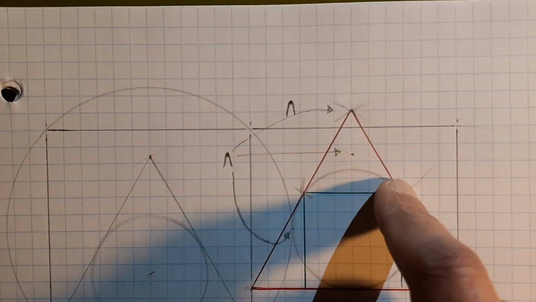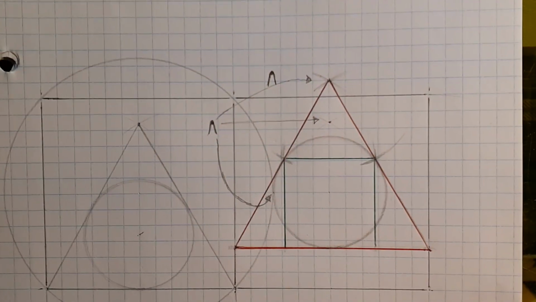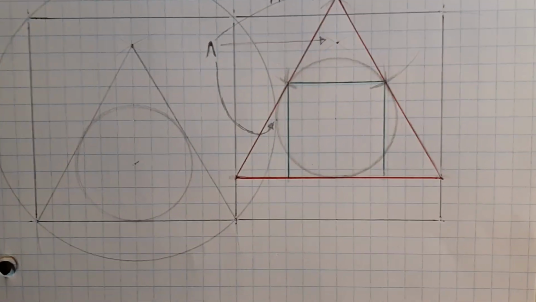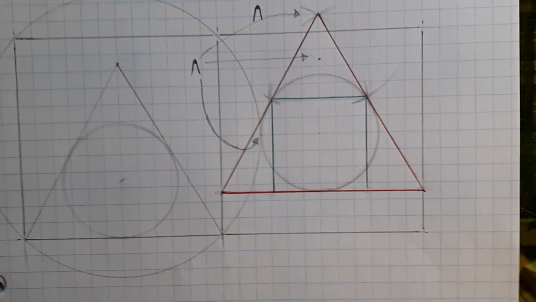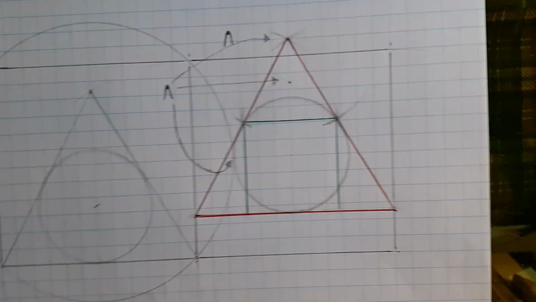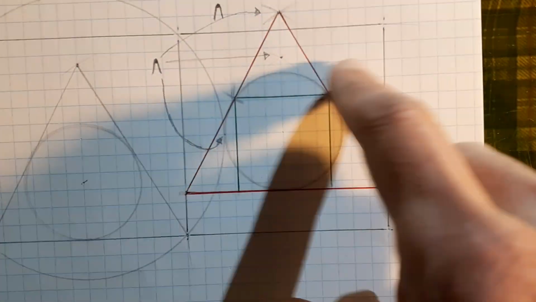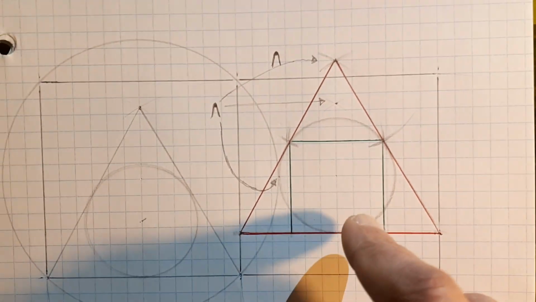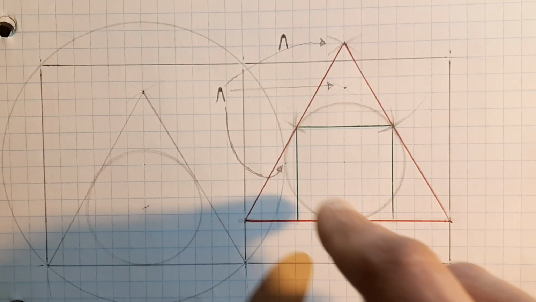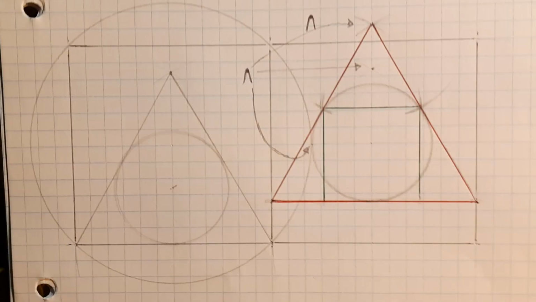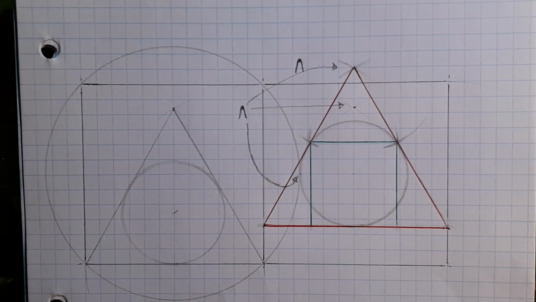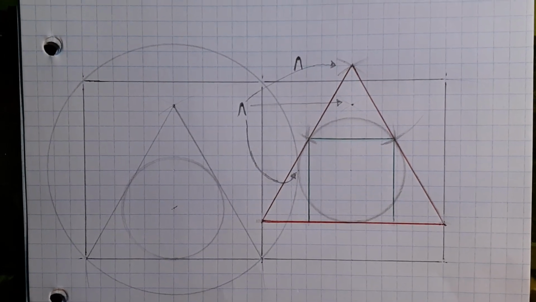And when you join that line and you fill out the rest, the way I've explained how to find a square inside a triangle, it gives you another way to find a square inside the triangle. So I found that really interesting.